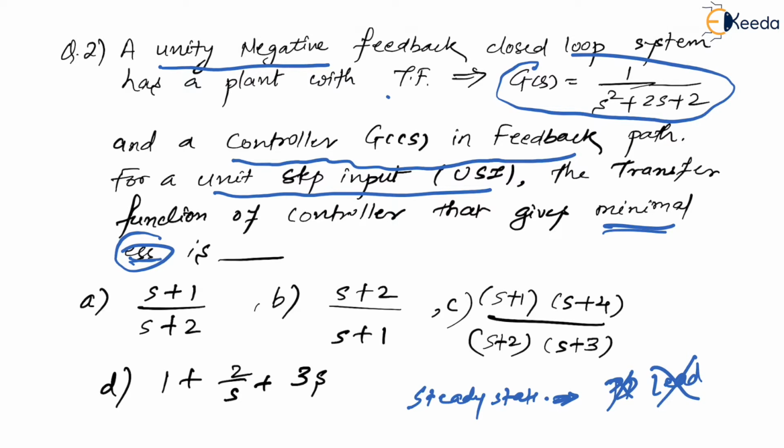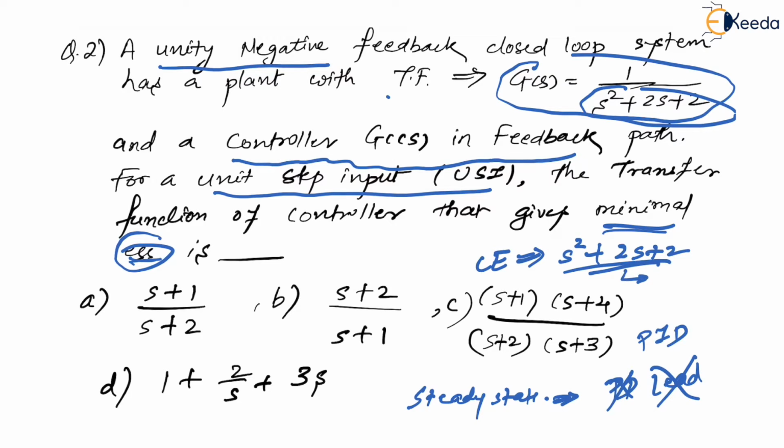Which means definitely I don't want PD and I don't want lead. That is for sure. But I need to check whether I can use PID or not, because G of s is given. What is the characteristic equation? The characteristic equation is s squared plus 2s plus 2, the denominator of this one. What are the poles you get? If you find the poles, you get -1 plus minus j1.